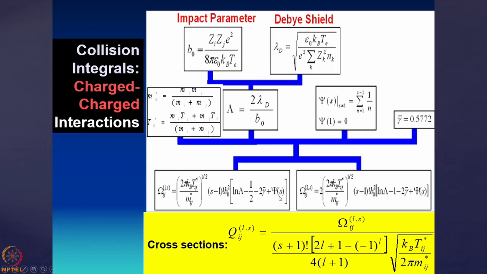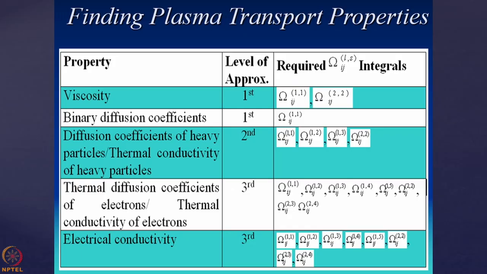Because it is a plasma, the most dominant interaction in plasma is the charge-charge interaction. Okay, so that is why this is very important, and finally the transport properties are found from these collision integrals.